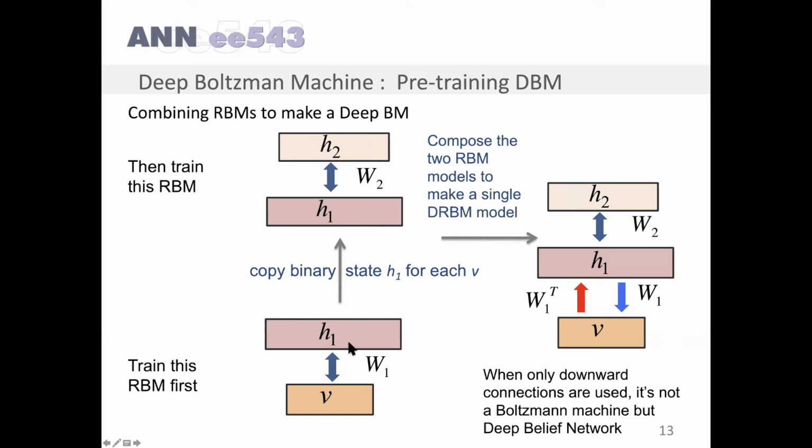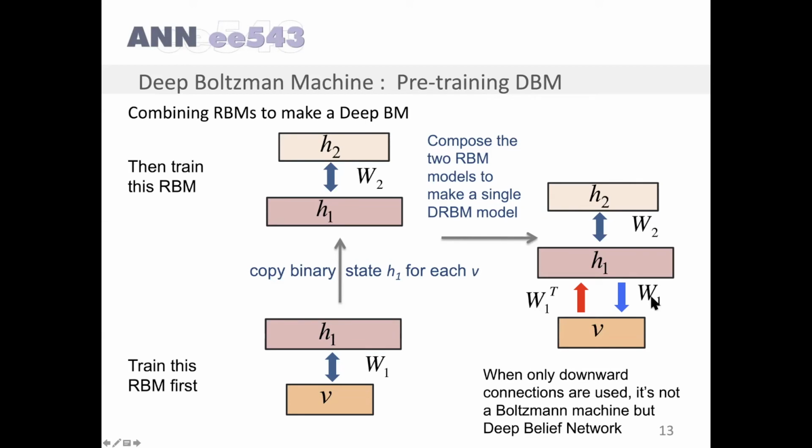Let the connection weights obtained by training the first RBM be W1 and the connection weights for the second RBM be W2. Compose the two RBM models to make a single deep model. So here we are copying these connection weights to the restricted Boltzmann machines in a layered manner.